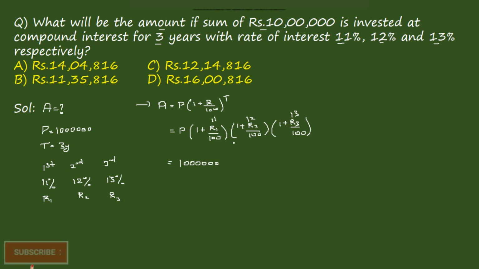Again, we'll be substituting: 1 plus 11 by 100 becomes 111 by 100, into 12 by 100 plus 1, it becomes 112 by 100. Again, 1 plus 13 by 100 becomes 113 by 100. Here all the zeros will be getting cancelled within the 10 lakhs. So just substitute the values, and the answer we get is 1404816. Okay, so the answer is option A.